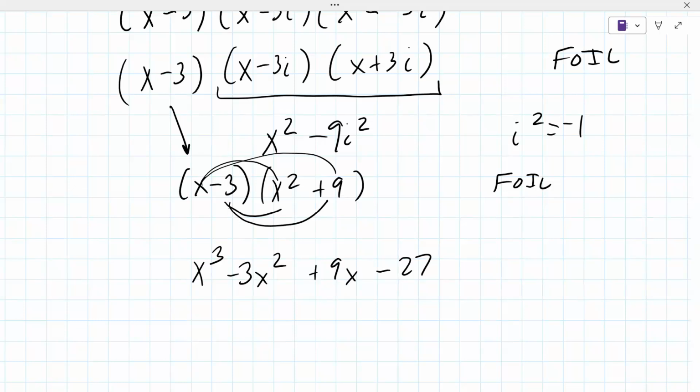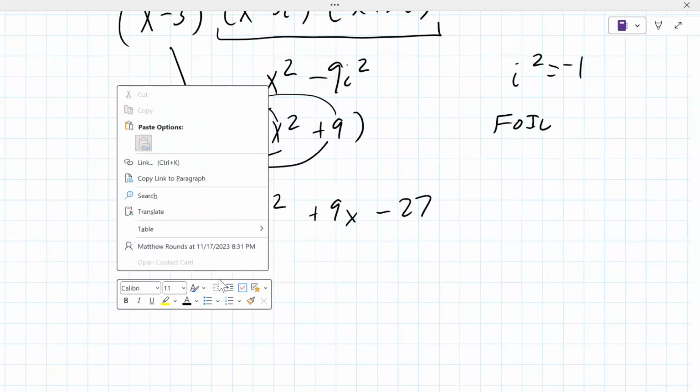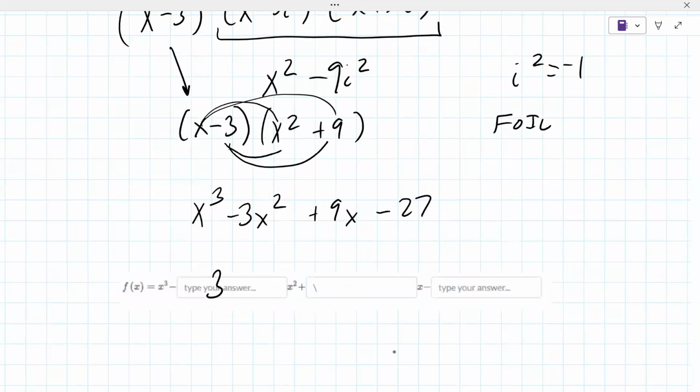So then in terms of how to answer it, it was 3 here because there's already the negative, 9x, and then 27 because it's already got the negative.